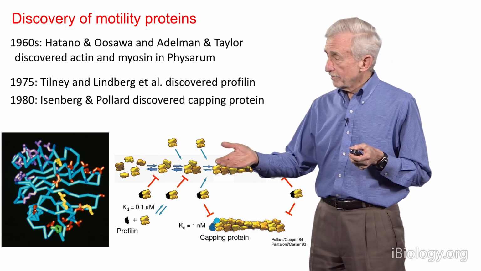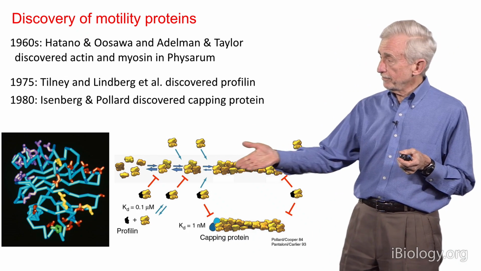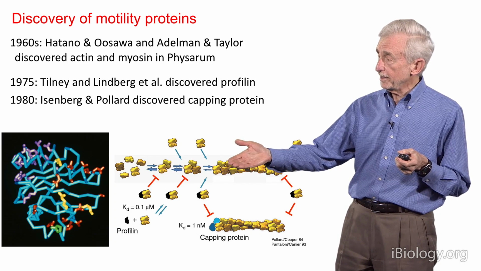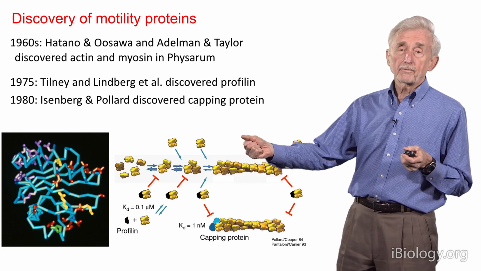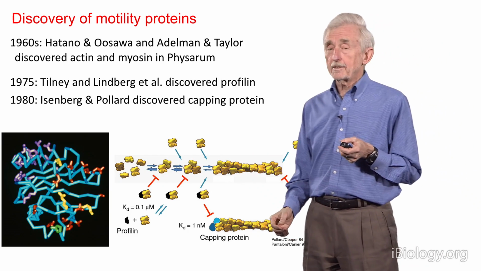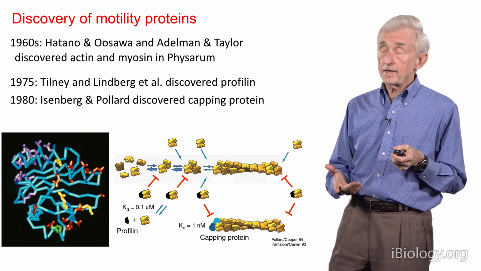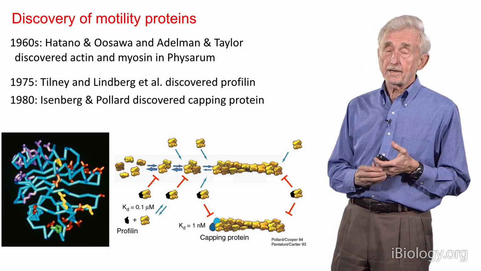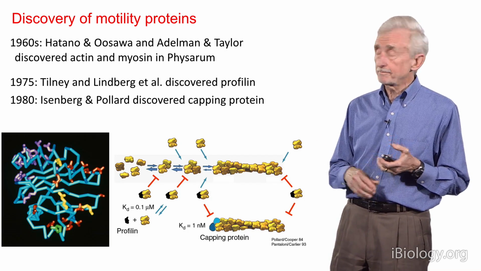However, we discovered in the 1980s that profilin does not actually interfere with the binding of actin to the barbed end of the filament. So profilin alone could not prevent the polymerization of the actin subunits, and this would not allow the cell to maintain a high concentration of unpolymerized actin.